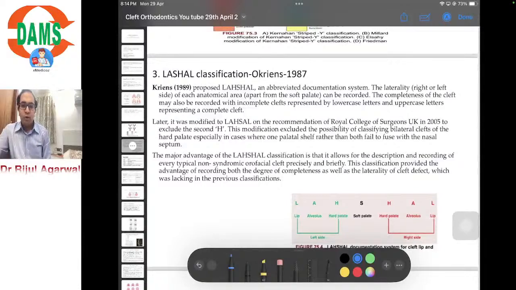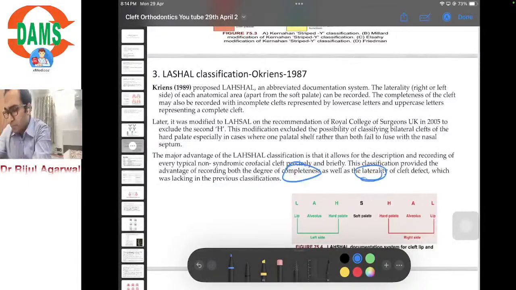If we want to record whether the cleft is complete or incomplete, complete clefts are abbreviated in capital letters, and incomplete clefts are indicated by small letters. So this classification system helps in indicating the laterality and completeness of the cleft. Laterality means whether it's on the left or right side, and completeness or incompleteness is shown by capital and small letters.